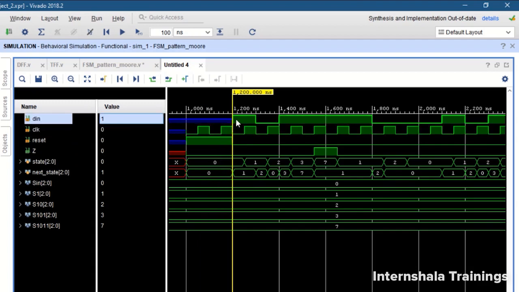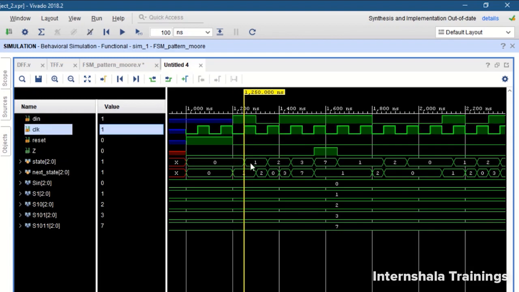Now D in is 1, so state is changed at this rising edge to S1. Next time we get 0, so it goes to S10. Next time it is 1, so it is S101. And next time when it looks for one more 1, so 1011 is detected and output is 1.